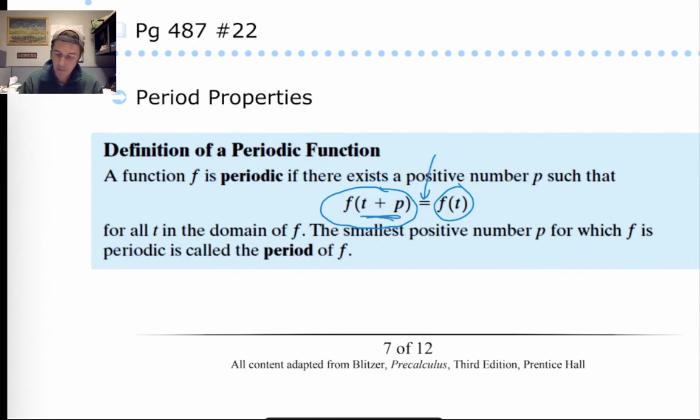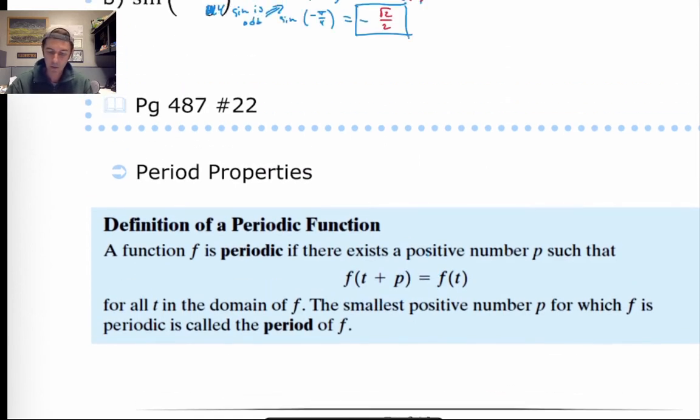But the input values are different. That one says t plus p, and the other one says just t, and the output values are the same? Yeah. And if that happens consistently, thanks to this p value, then we're working with a periodic function.